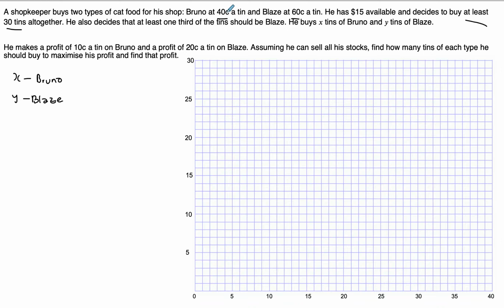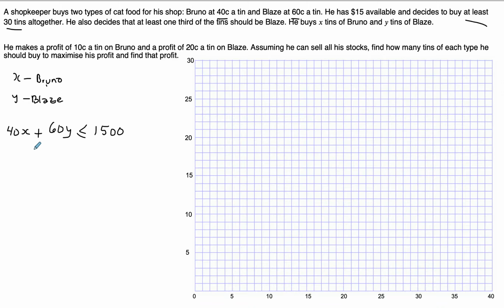So for the first one, I first want to write an inequality regarding the price. So if I buy X Brunos, then the cost is going to be 40 cents times X. And then if I buy the Blaze, then I have 60 cents times the Blaze, and as a combination they should be less than or equal to the cost he has, because they can't go beyond this price, and it can't be in dollars, it has to be in cents, so we multiply by 100 and that's what we're going to get.